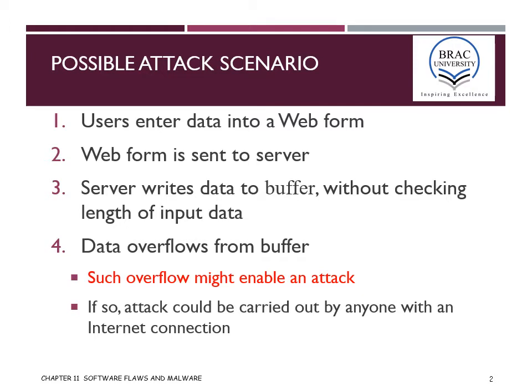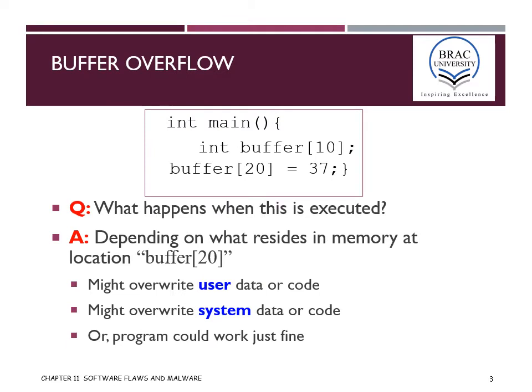So this attack could be carried out by anyone with an internet connection. Suppose this is a code, like there is some buffer, but what will happen if you try to write to buffer[20]?